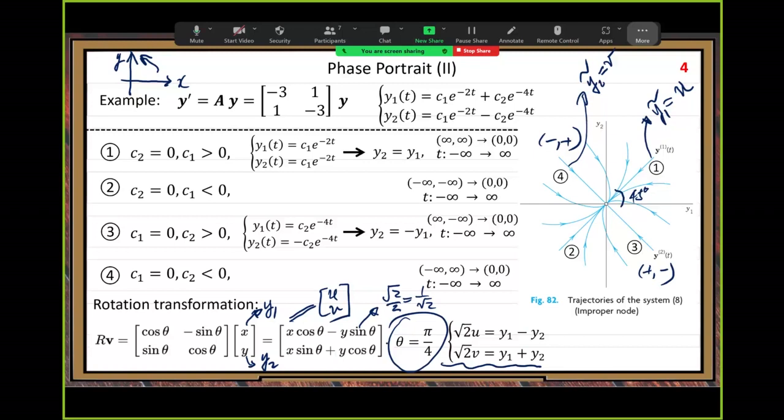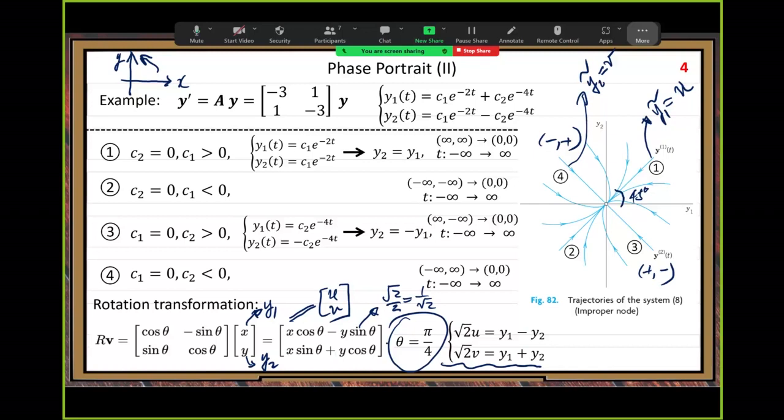Then we move to the new coordinate system, with two coordinates in these two expressions. That's the rotation relationship.